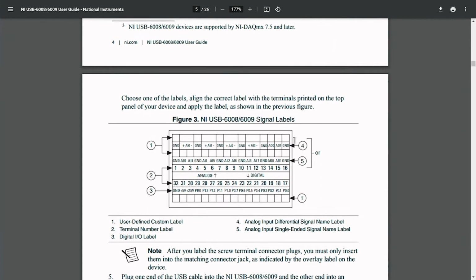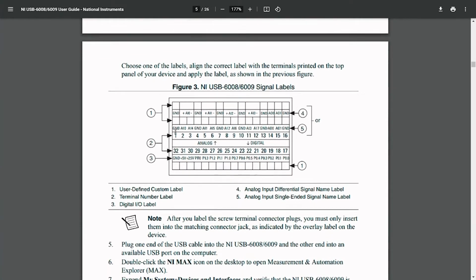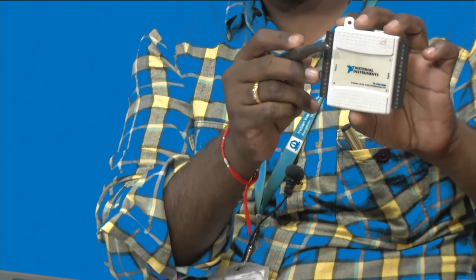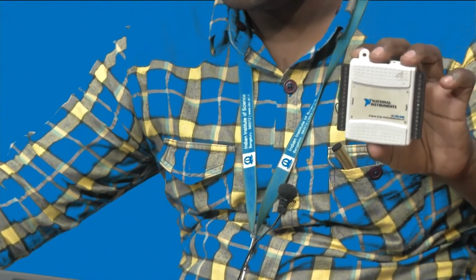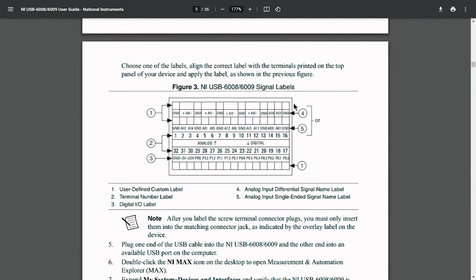The complete pinouts of the screw terminal plugs can be seen here. The top side is completely for the analog, which means this particular rail's information is seen on the top side, whereas the other rail, the digital rail information, can be seen on the bottom side.